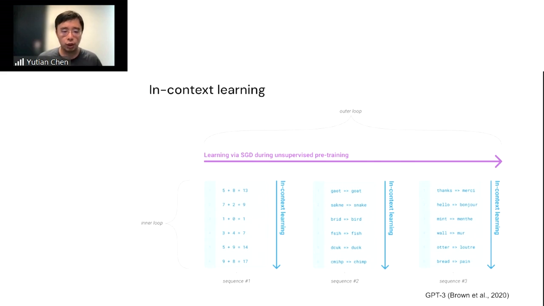In this diagram, every column gives the input sequence of some new task, a few demonstrations or examples of different tasks. After seeing these examples, the language model is able to learn the skills embedded in the provided input sequence and output the answer to a new question from the same task without changing the parameters at all.